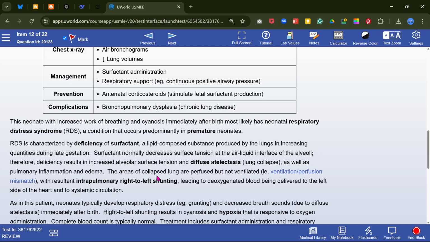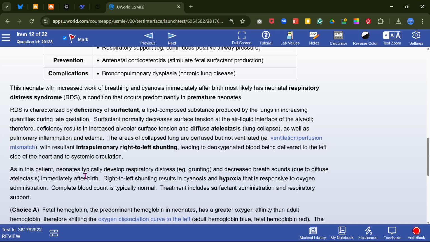How does this ventilation perfusion mismatch happen? Areas of collapsed lung are perfused but not ventilated, with resulting intrapulmonary right to left shunting. Deoxygenated blood is delivered to the left side of the heart and to systemic circulation.